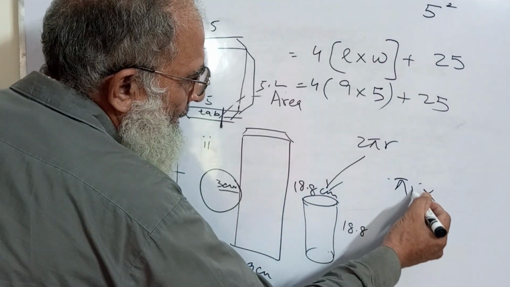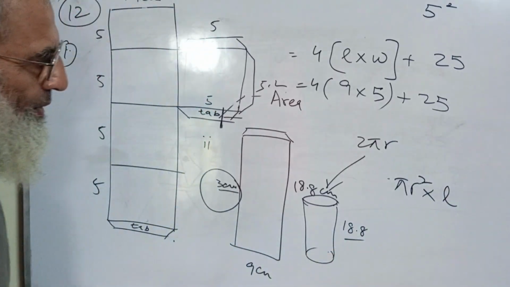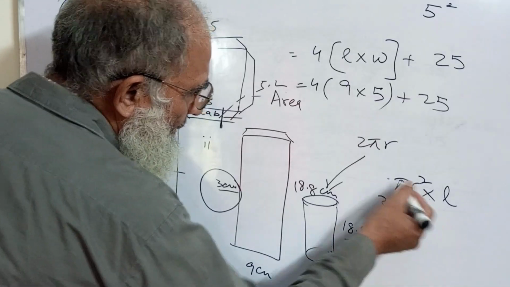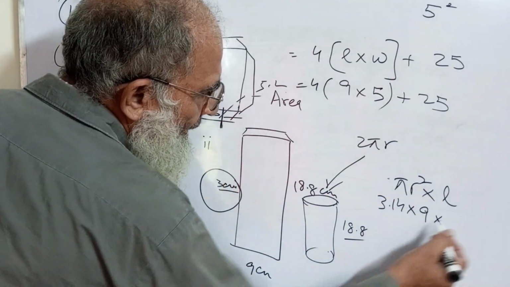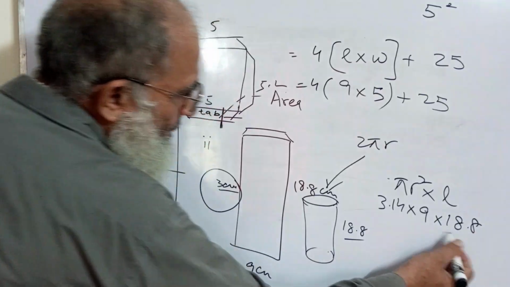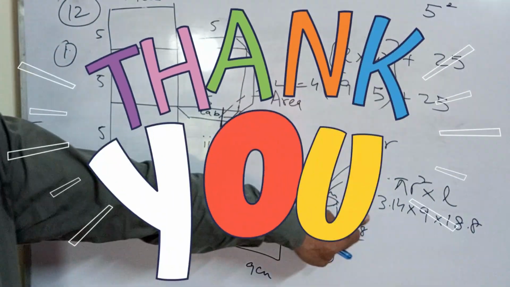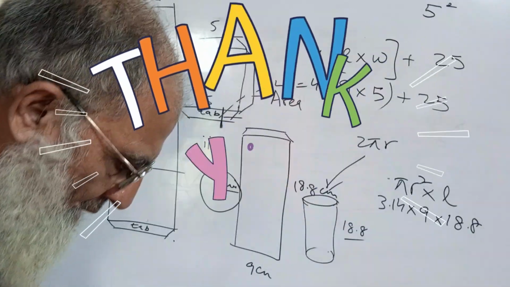So it is pi r square, multiplied by the length, which is 18.8. Let me write it: 3.14 multiplied by 3 square. This is 3 square, 9, multiplied by 18.8. So this is the total area, total surface area which has to be painted.